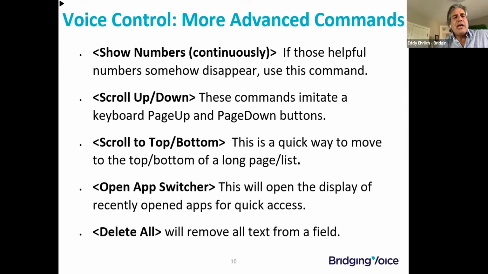Of the 11 chapters of voice control commands, 4 chapters are dedicated to dictation, and probably the most powerful command of all is to remove all the text from a field with the delete all command.